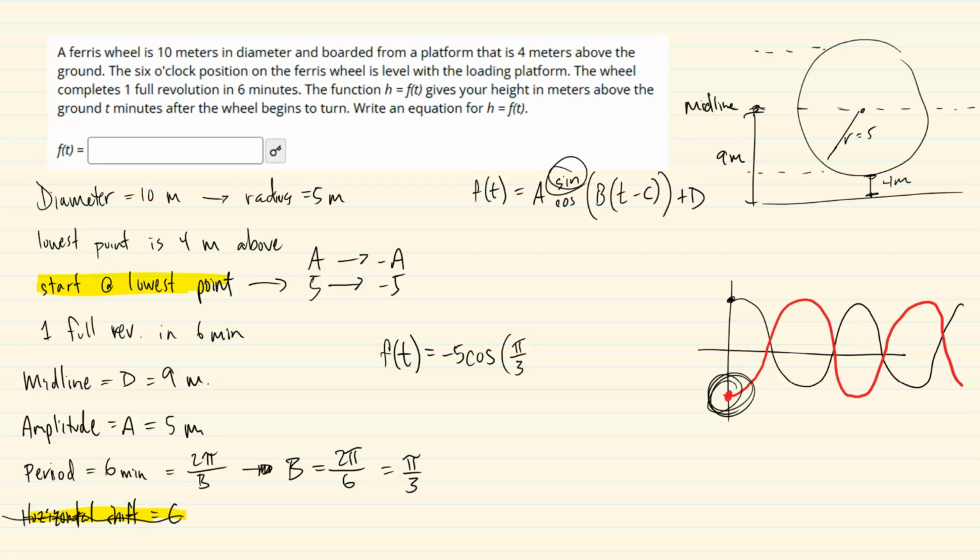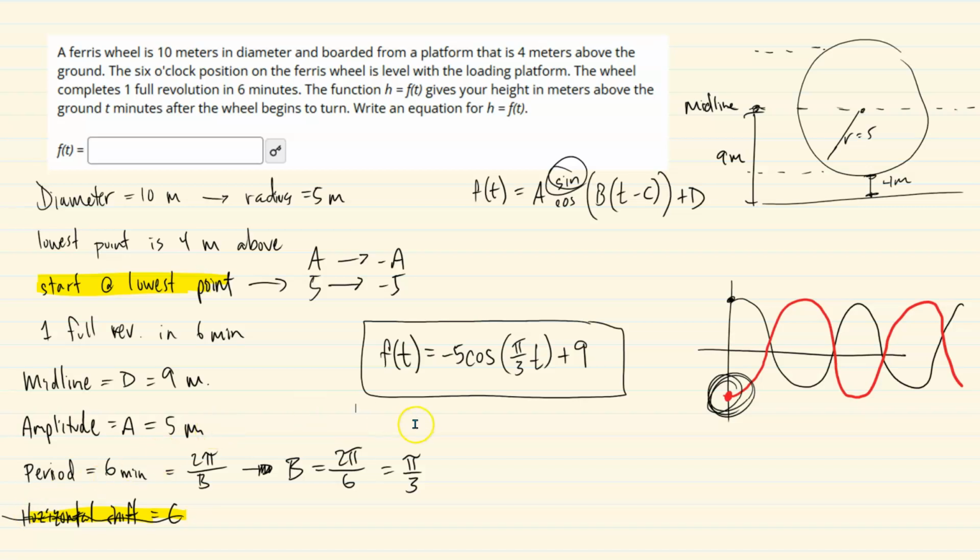And then we would multiply that by t. And there's no minus c. There's no horizontal shift. So it's just pi over 3 times t inside the cosine. And then we have the midline being plus 9. And that will give us our function for the height of the Ferris wheel, given all the information in this problem, for after time t, where t equals 0 is the starting point at the bottom of the Ferris wheel.